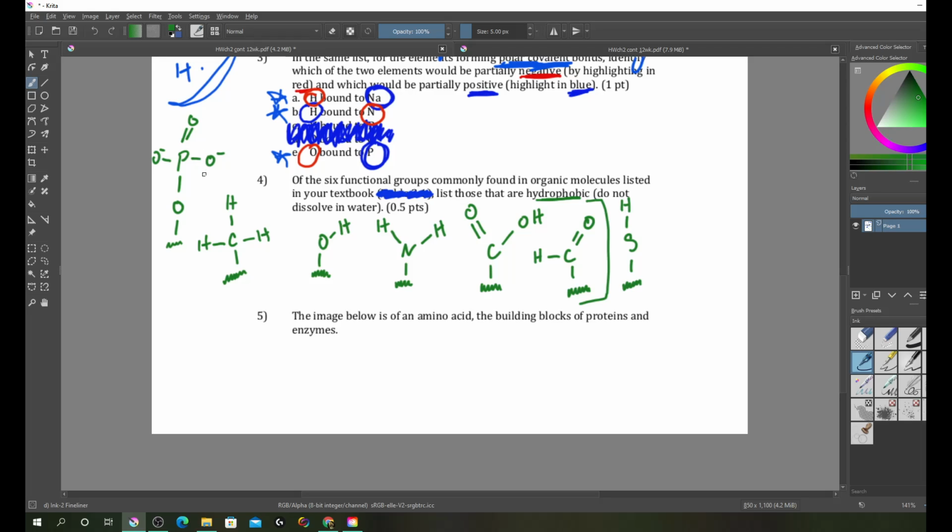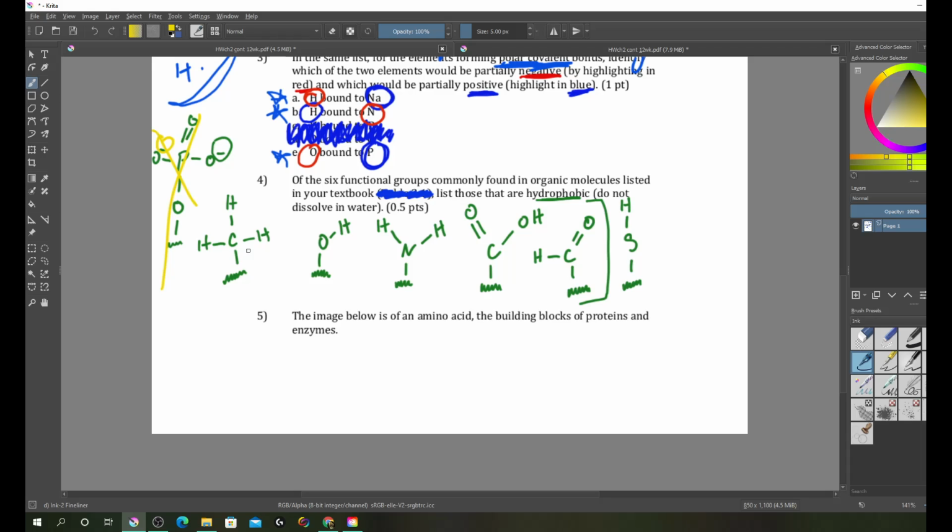Actually, in this phosphate group, you don't even have to do that. You see that there's a negative charge here. That means it dissolves in water, since water is attracted to both negative and positive. So this we can immediately cross out. It is hydrophilic because it has a negative charge that attracts it to water.